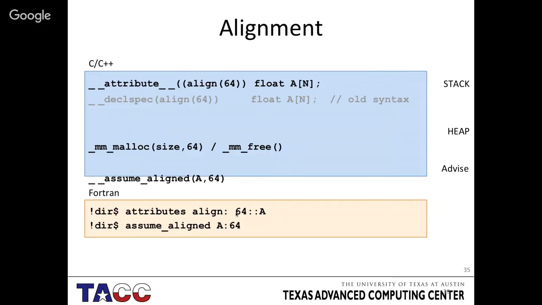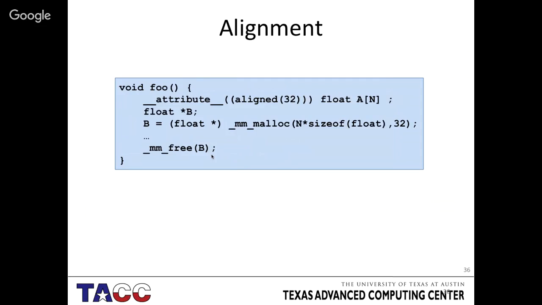So in Fortran, you have a way to specify when the variable or the array is created, and in C for dynamic mallocs, you can either use the Intel or the POSIX standard for doing that.